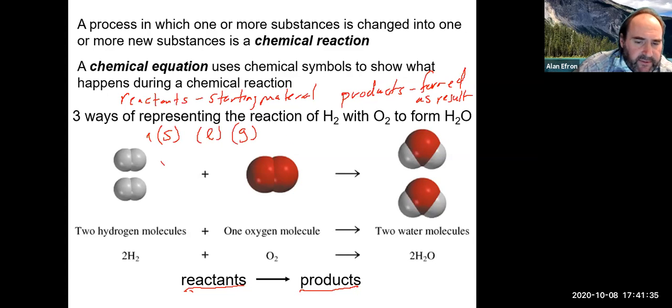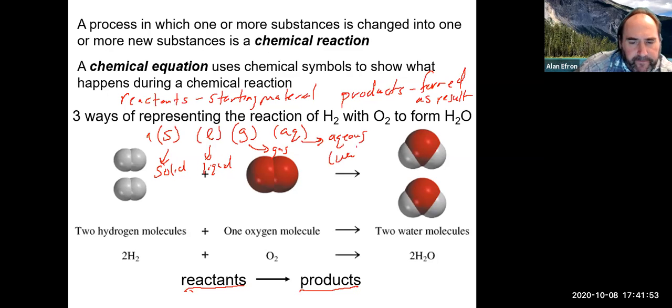These symbols usually indicate the state the species are in: S being solid, L being liquid, G being gas, and AQ being the aqueous state, and that's usually some type of water environment.